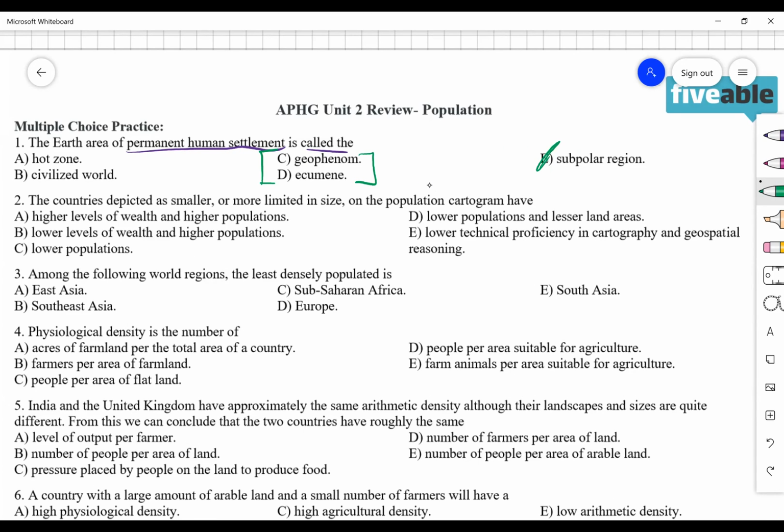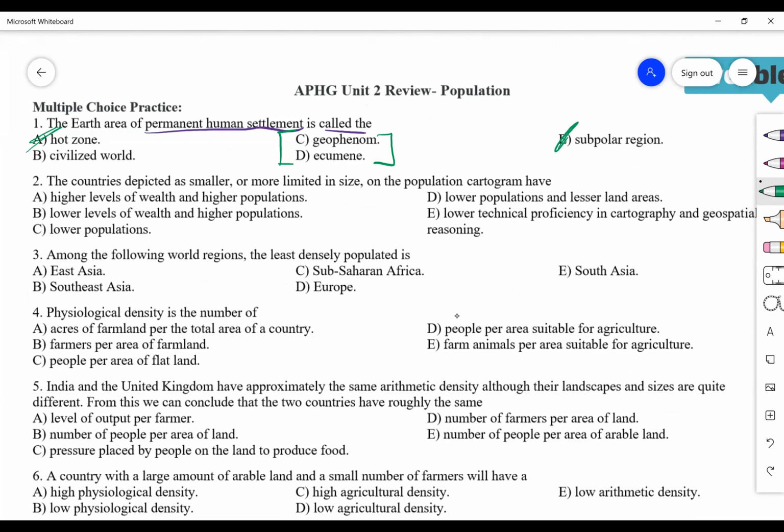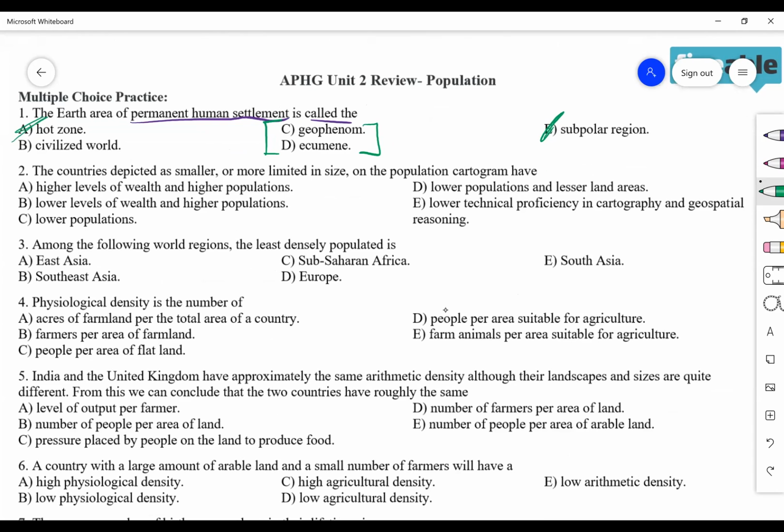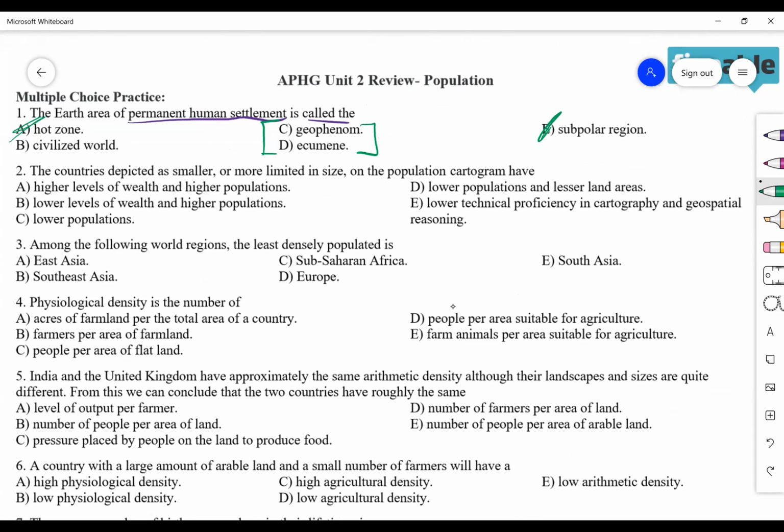Hot zone. In another unit, you'll learn about something called the hot zone in the Pacific Ocean, where there's volcanoes. So, nah. Civilized world is something you'll learn about in Unit 7, which is a really big misconception. It's basically like, developed countries are civilized, undeveloped countries are not. No. So, not that one either.